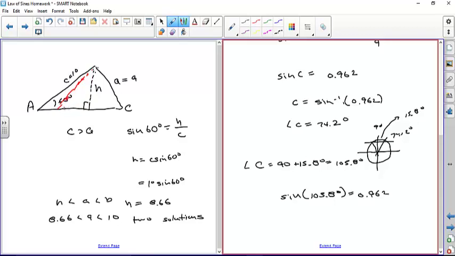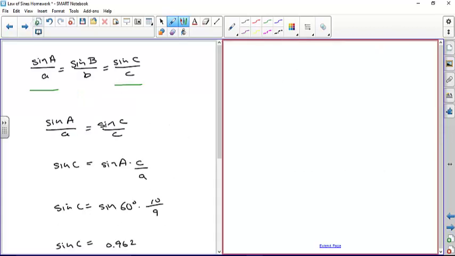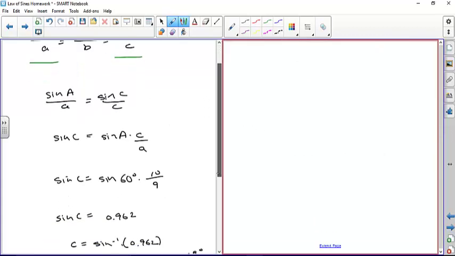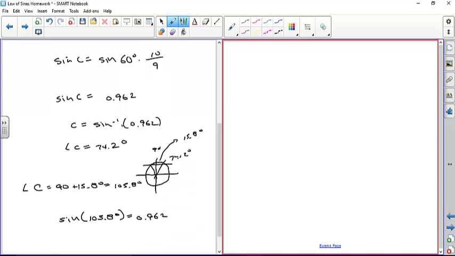So once you have those two solutions, you've got this angle B and this side B. You can get the corresponding third angle by using the sum of the angles equals 180.